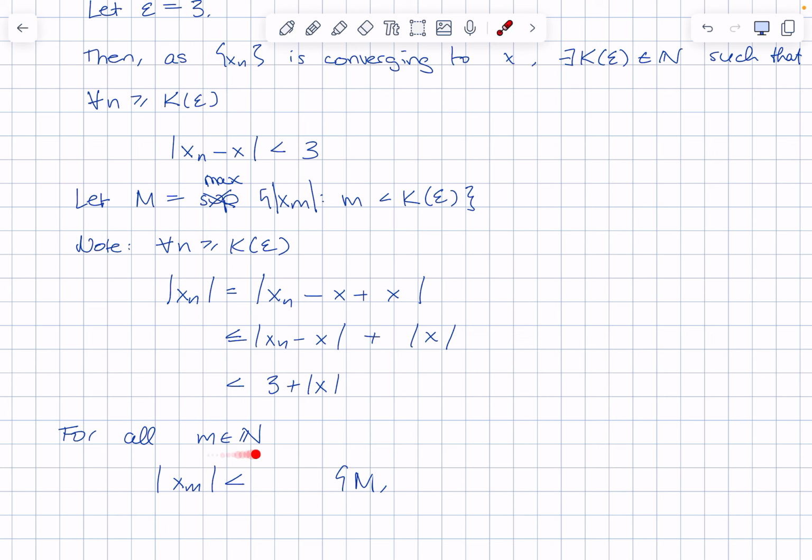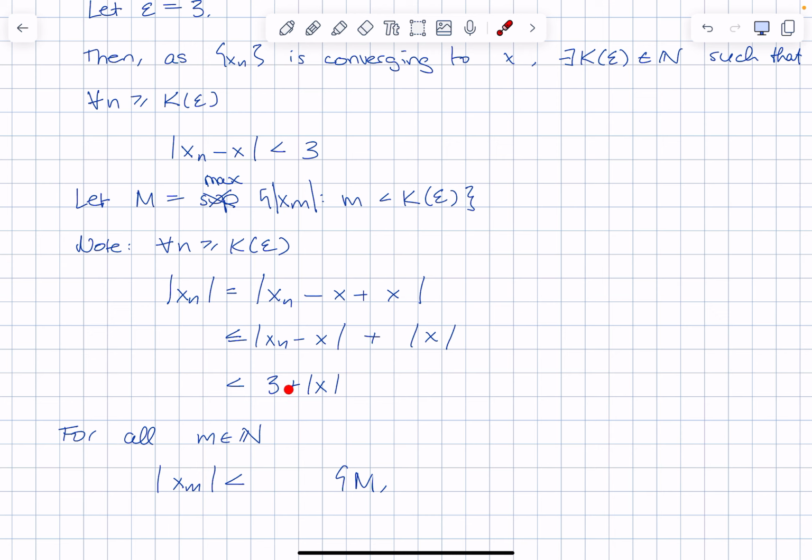I'm changing my notation here because the earlier case was very specific, and here this is for everything. So if n is greater or equal to k epsilon, we fall into this case, so xn is less than this.